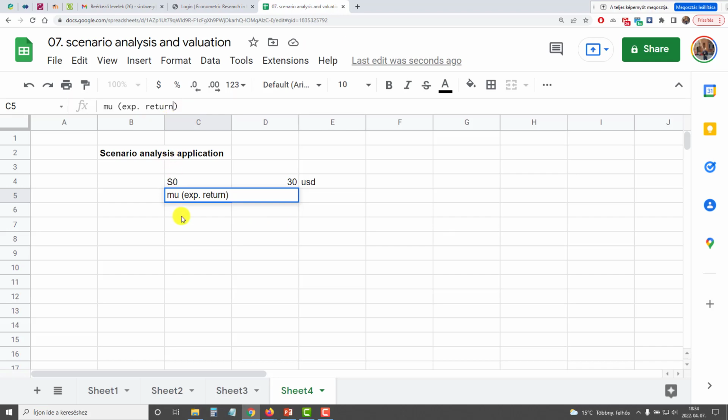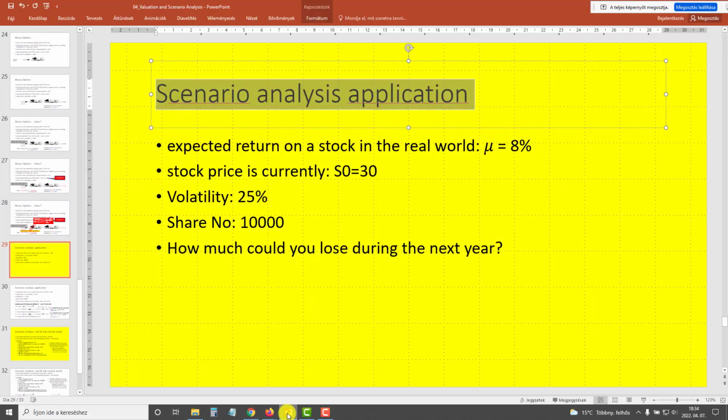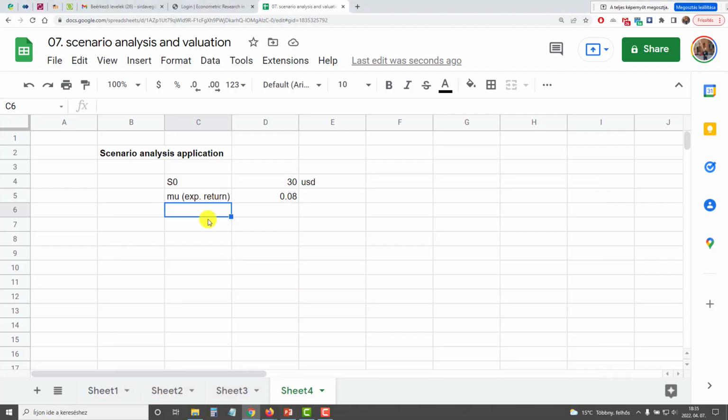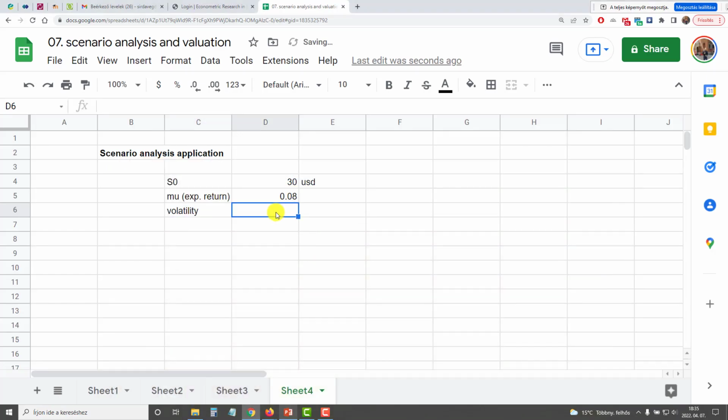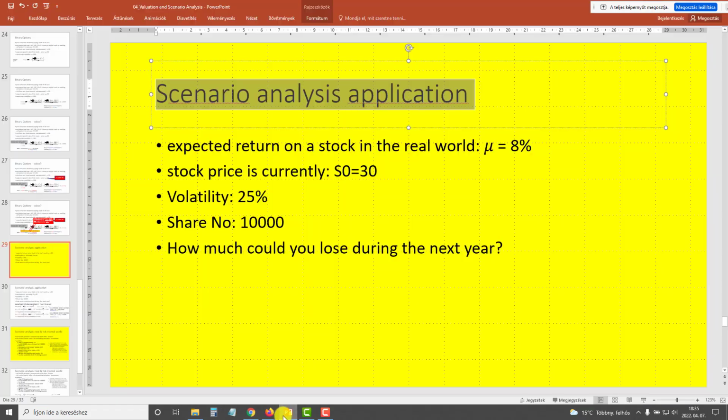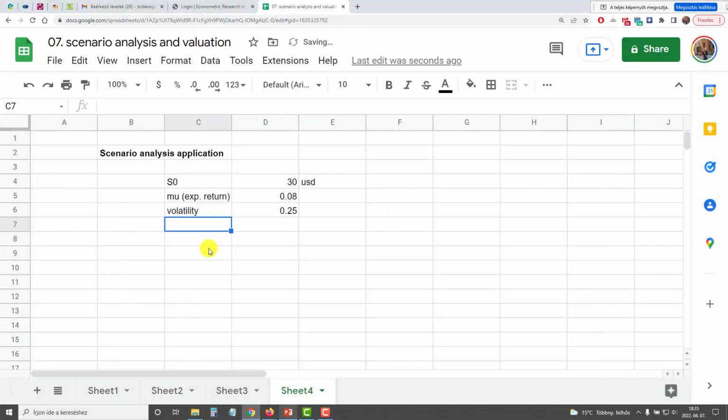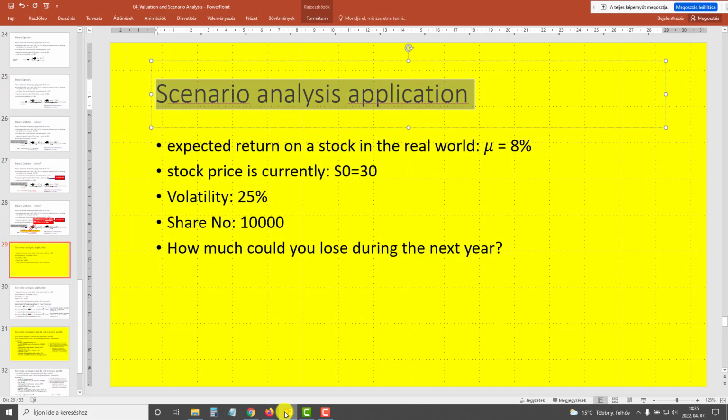Okay, let's write it here, it's return, but doesn't matter, we know that this is the mu, and volatility is 0.25. Number of shares 1000, sorry, 10,000, several zeros back and forth, and yeah.